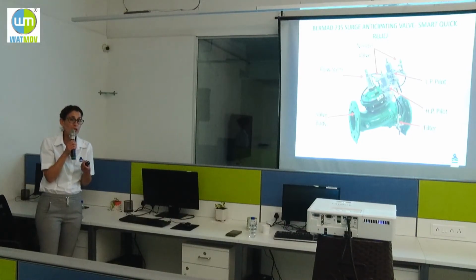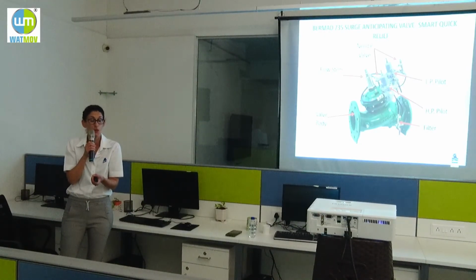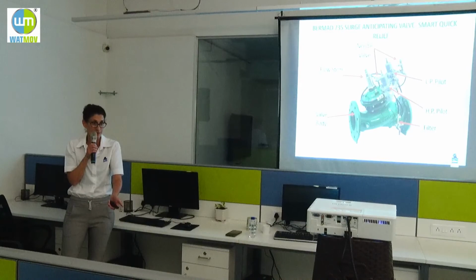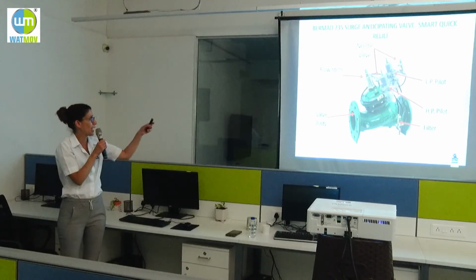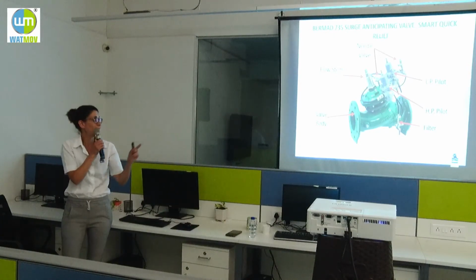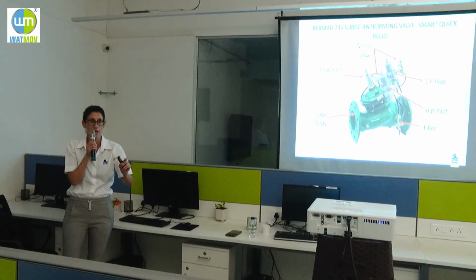Because the low pressure pilot we need to calibrate to less than the static pressure, and we don't want to drain the line in order to do it. So we have a mechanism that allows us to drain just the sensing chamber of this pilot to be able to calibrate it to 70% of the static pressure. Okay? And the high pressure pilot, we recommend to calibrate at 110% of the dynamic pressure.